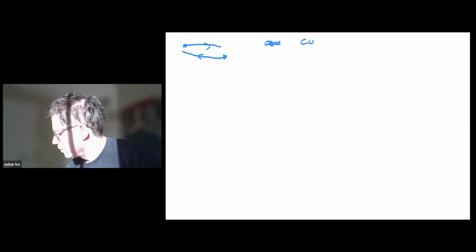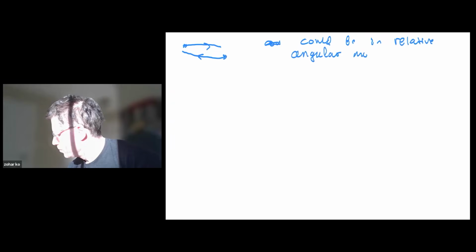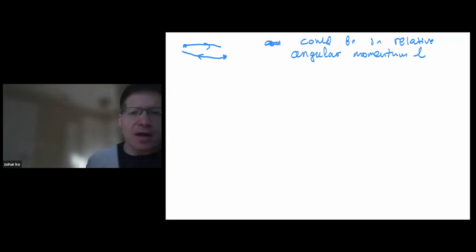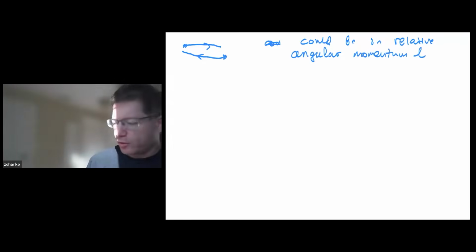They could be in relative angular momentum L. Now, a very important point is intuitively obvious.